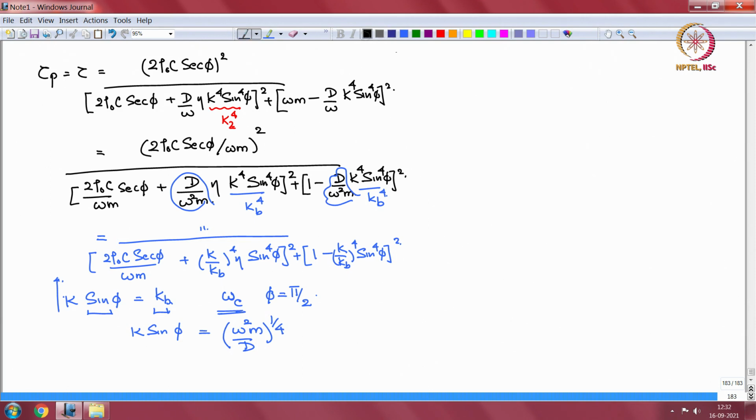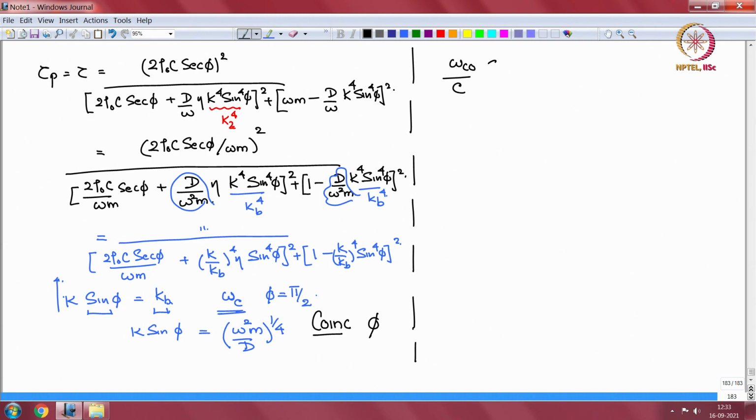And we are talking of coincidence with angle phi. So we have coincidence frequency with angle phi, divided by c.